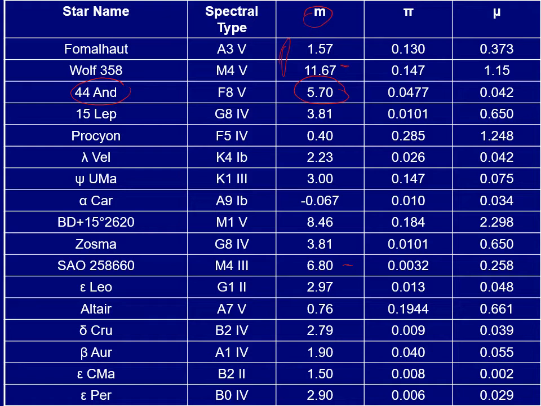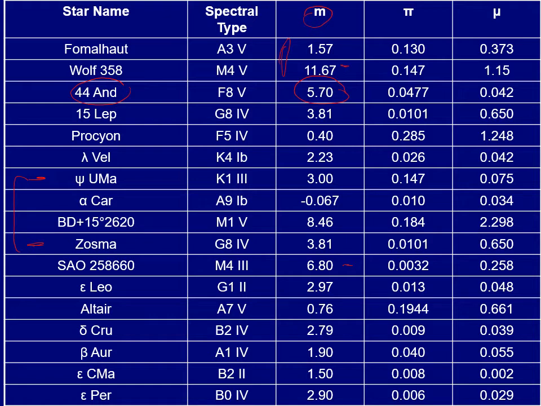So we know the 10.1 difference in magnitudes. What about these two stars, Psi Ursae Majoris and the star Zosma? What about those two stars?